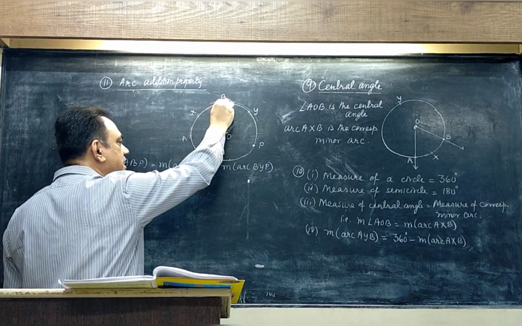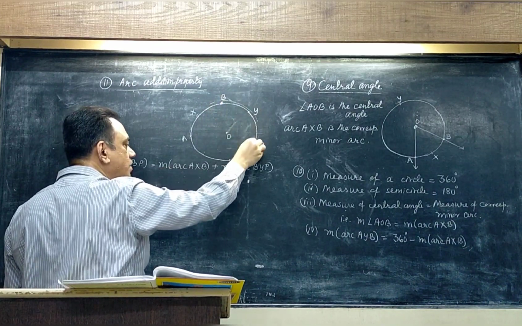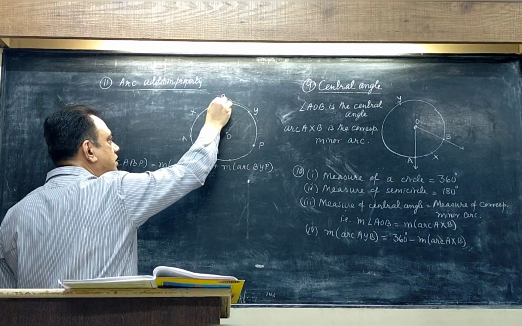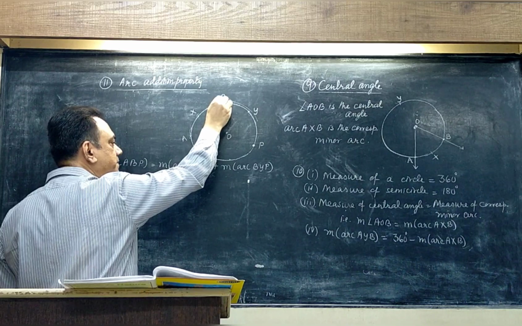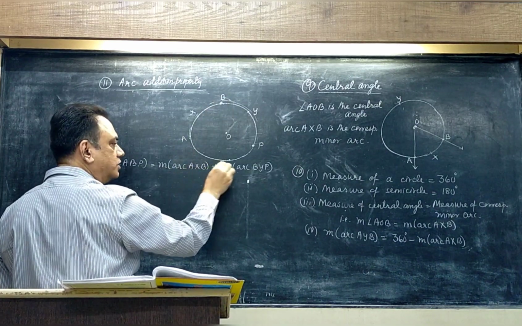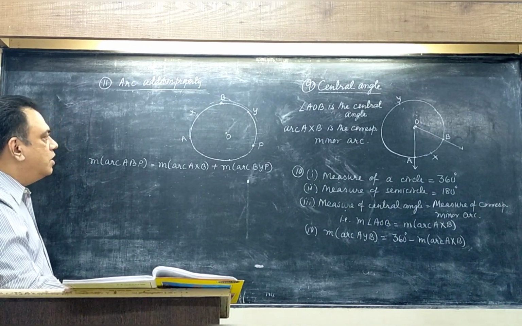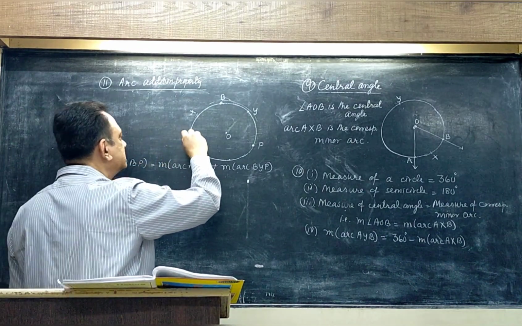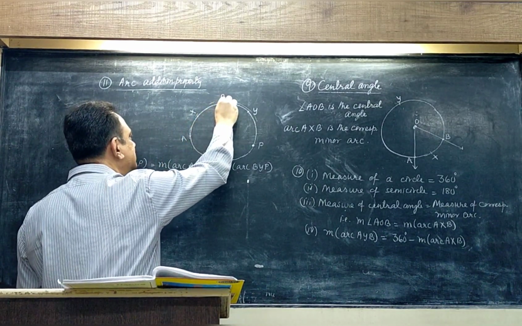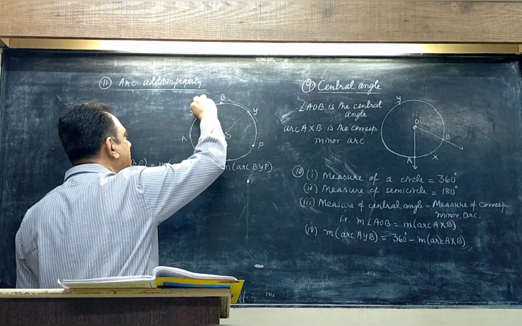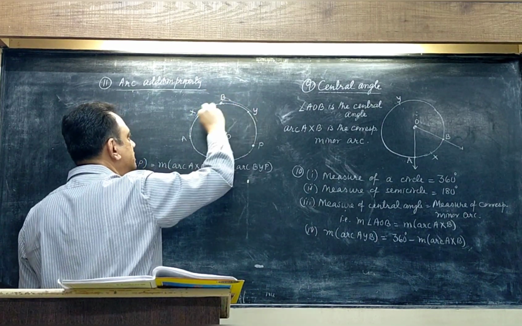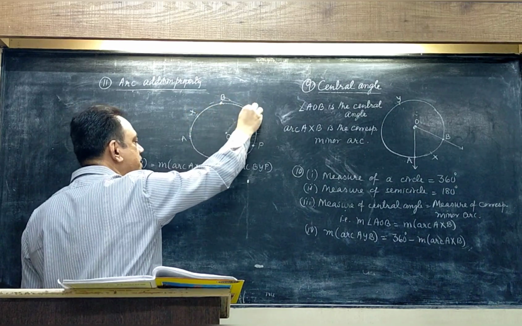Arc AXB and arc BYP have a common end point B. That is why we can use the arc addition property. We cannot add the arcs like this: arc AXB plus arc XYB equals arc ABY.